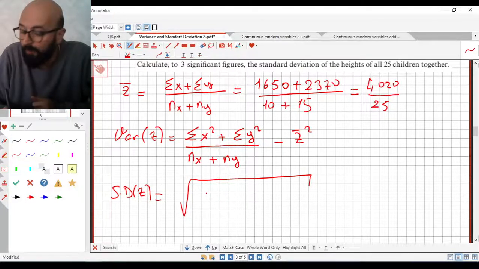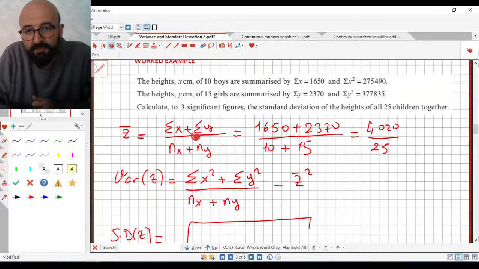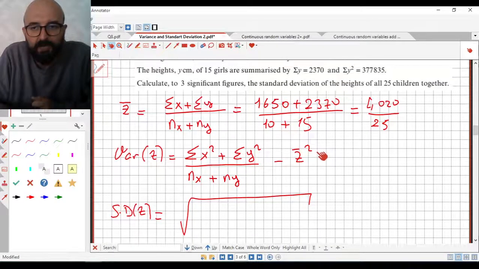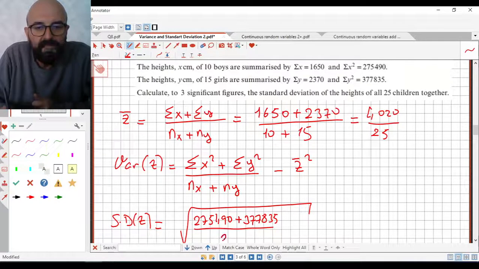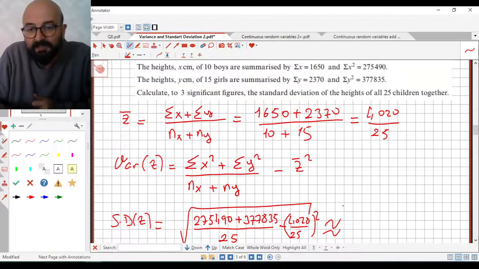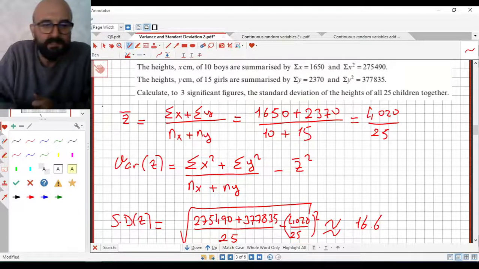So the square root of 275,490 plus 377,835 over 25 minus the mean square, 4020 over 25 square, and this is approximately 16.6.